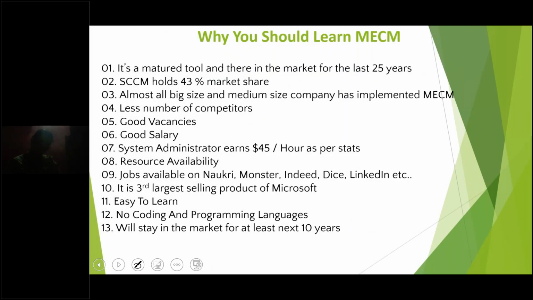Now, why should you learn SCCM? Those who are new to the IT world or new to SCCM, you should understand why you should learn SCCM.